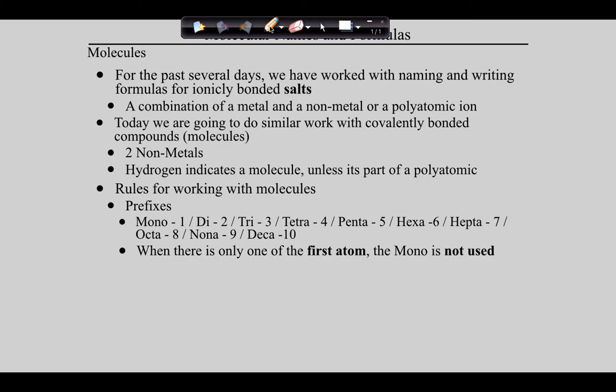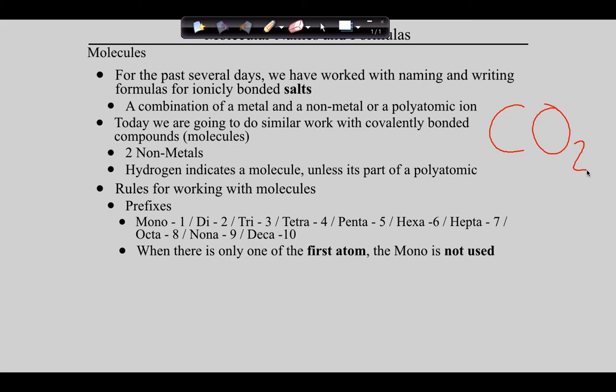What gives me the suspicion that you knew that? Because guys, you know that this is what? Carbon dioxide. Why don't we call it monocarbon dioxide? Well, guys, the reason is because of this rule. We don't call this monocarbon because if there's only one of the first atom, you don't include the mono. That's the only prefix you don't use, is if there's one of the first atom, you don't use it.